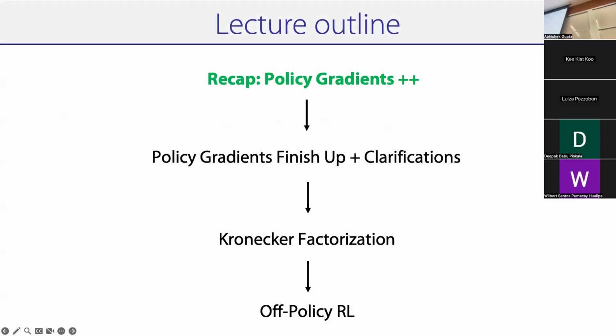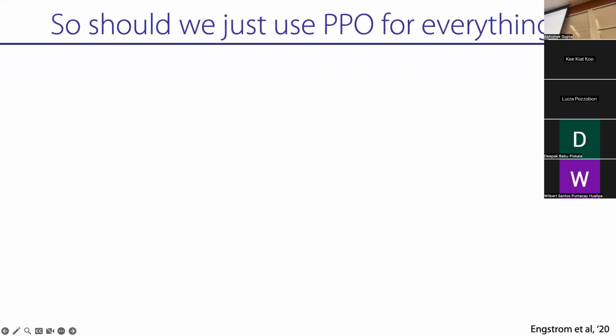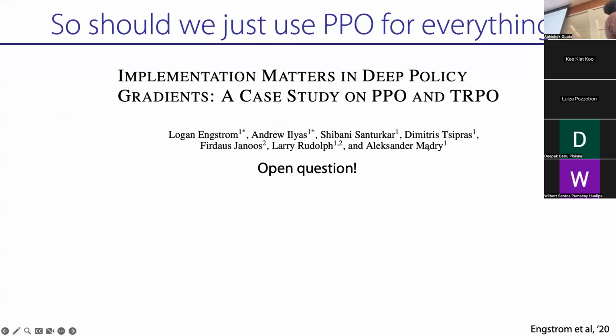Okay, so to get at the point of what else do we have? First, we should see, does PPO work for everything? And there's a nice paper. There's actually a few papers like this which analyze the details of PPO implementations, and they find that the good performance is, yes, partly because of these things we talked about, but also it depends on lots of other stuff.